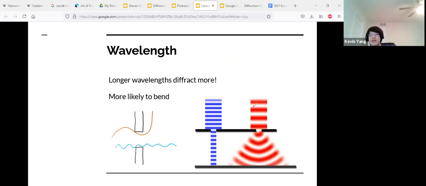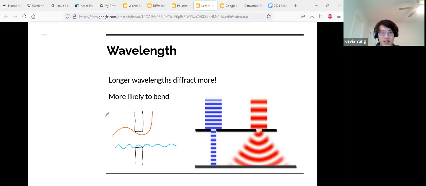So this means that if we have a corner, red light will bend around that corner more than blue light will. Now, normally you don't see a very big difference, because we're not going to diffract light very much. You're going to need a very small slit to cause diffraction. But overall, red light is going to bend more.